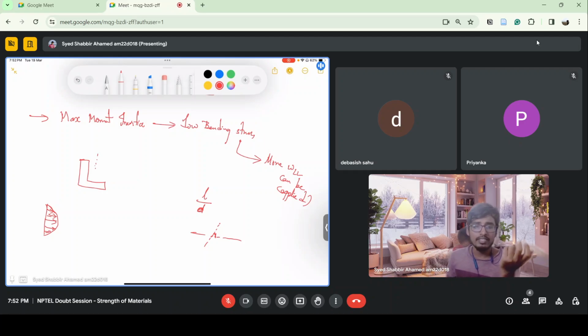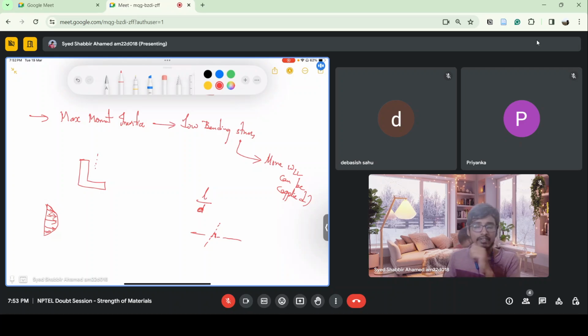everything is acting, axial force, axial stresses, different things are acting. If I am in the linear zone, it means obviously the deformations are very small. If I am in that zone, I can sum all the effects and get the net effect of that. So that is the advantage of being in the linear zone.